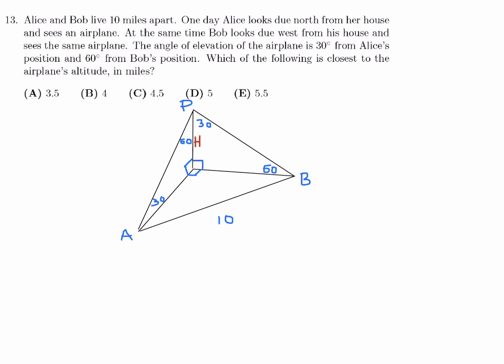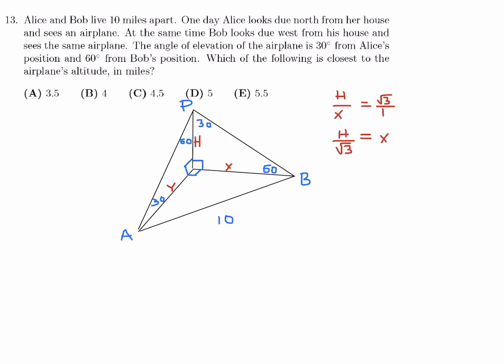So using 30, 60, 90 triangles, if this distance is y and this distance is x, h over x is going to be root 3 over 1. So therefore, x is equal to h over root 3.